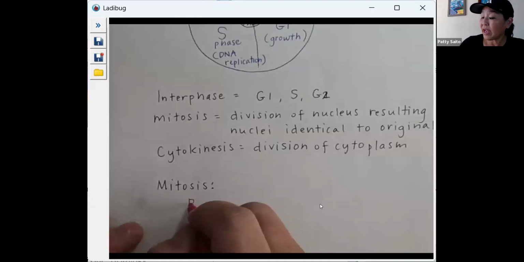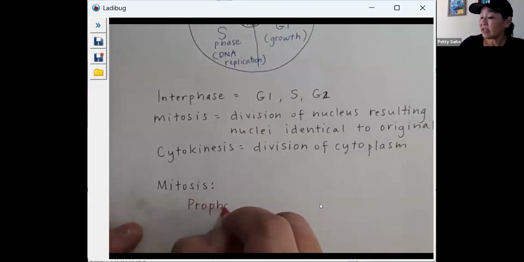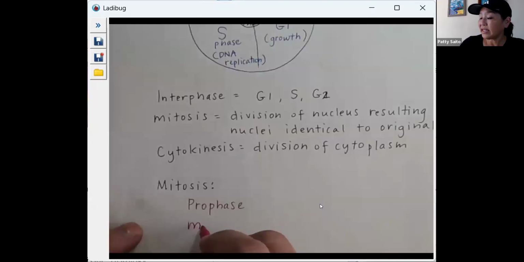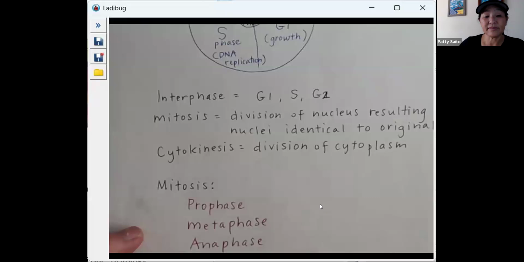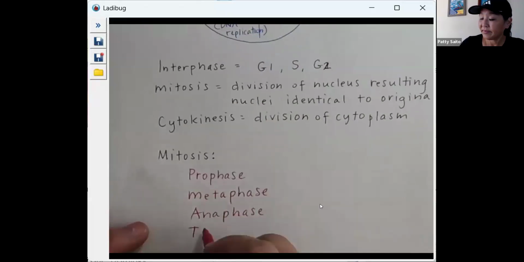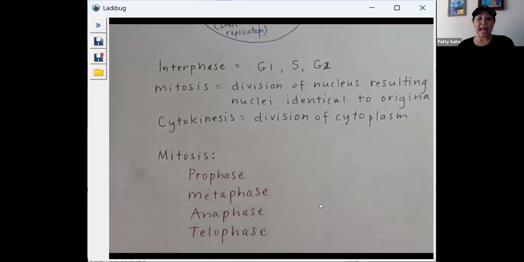We have prophase, metaphase, anaphase, and telophase. And there's very specific things that happen in each one of those phases with the DNA, because the DNA is what's in the nucleus and what we need to divide, right?